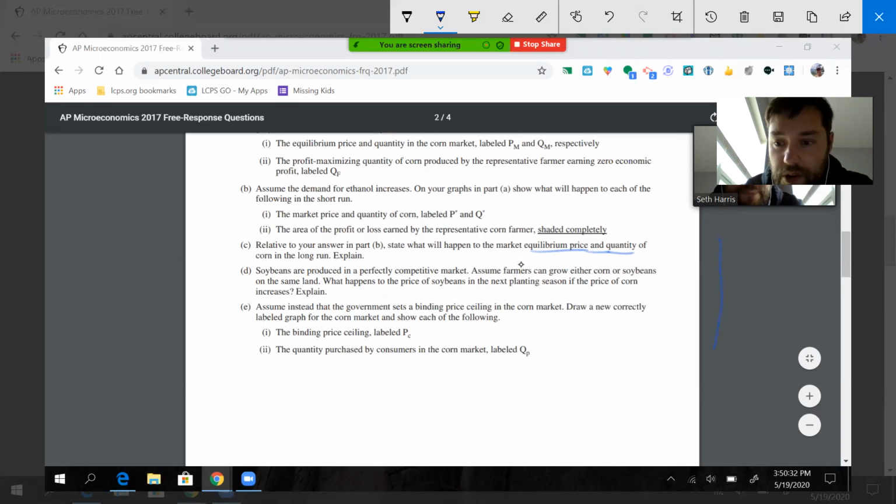So if you're not sure, right, just draw a quick graph, right? So initially, we had demand come out here. So we were at this point, right? This price and this quantity is where we were. Now, supply, right? This is our supply curve.